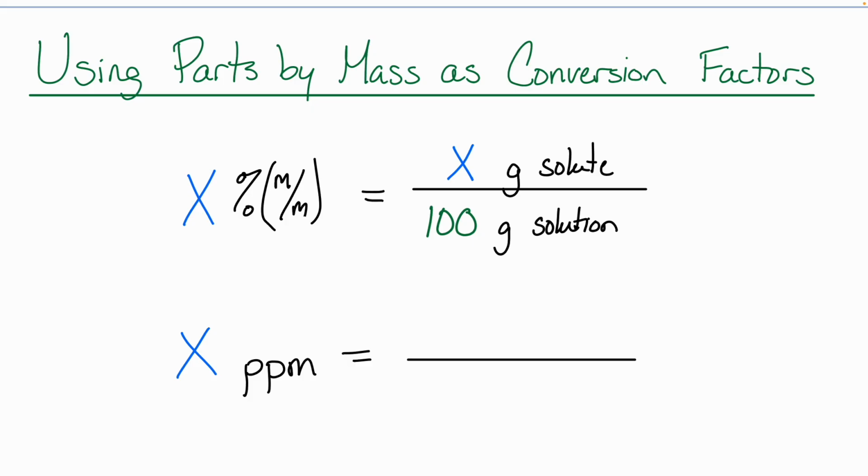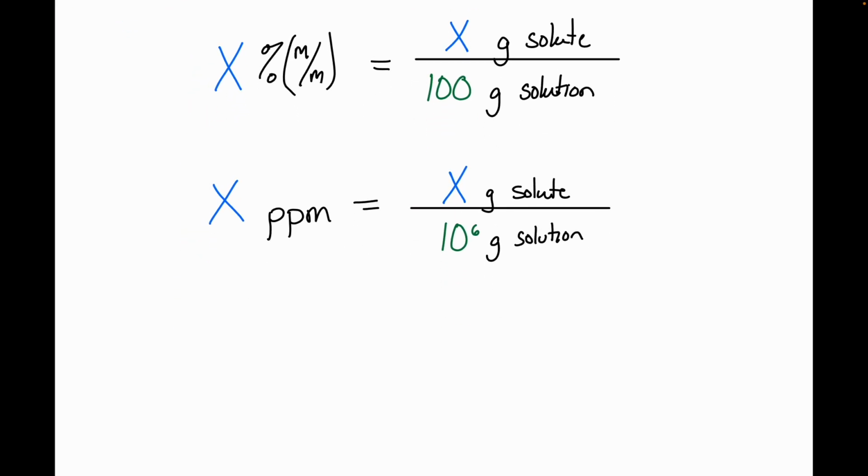So again, it's now X grams of solute, but over 1,000,000 grams of solution. All right, and if we just want to complete this off by doing our ppb here, X grams of solute over 1,000,000,000 grams of solution.